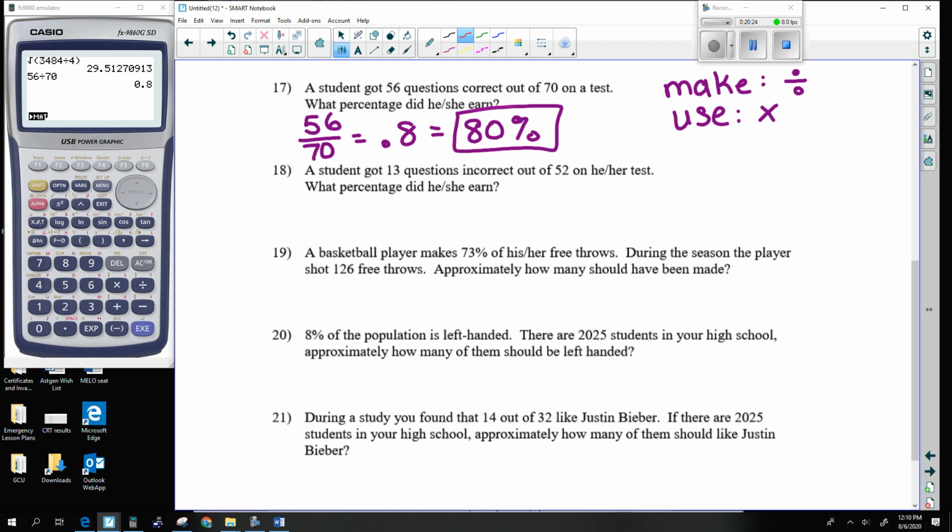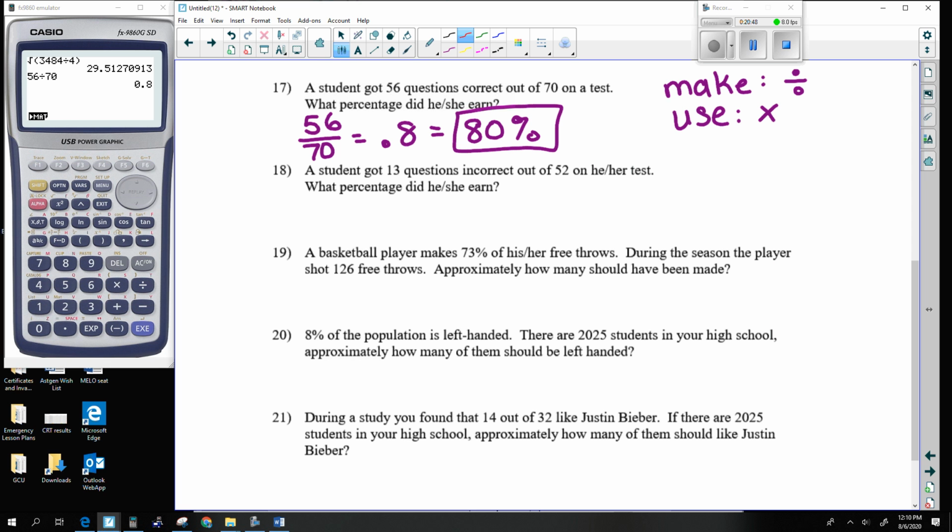Number 18, a student got 13 questions incorrect out of 52 on his or her test. What percentage did he or she earn? This is a trick question. All right, so the student got 13 questions incorrect. So you don't get a percentage on the numbers that you get incorrect.